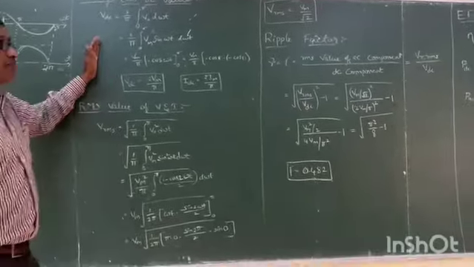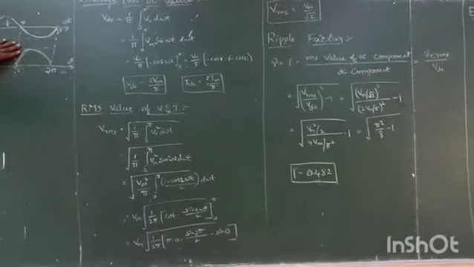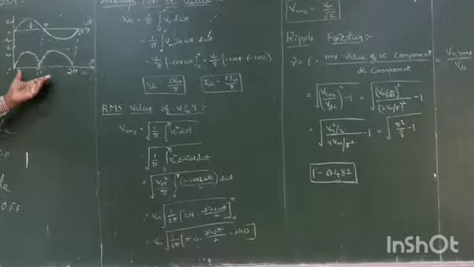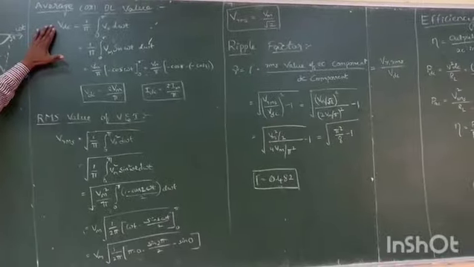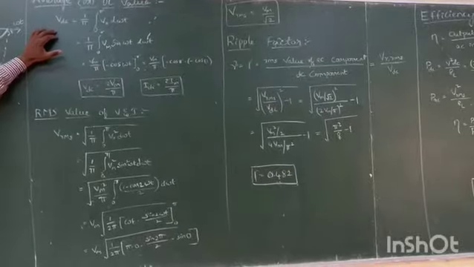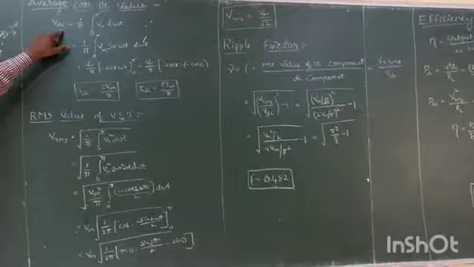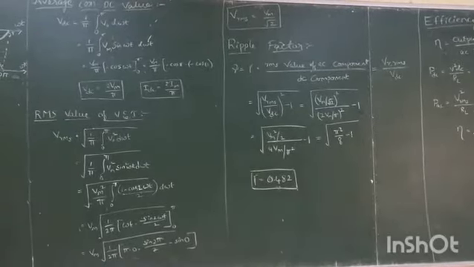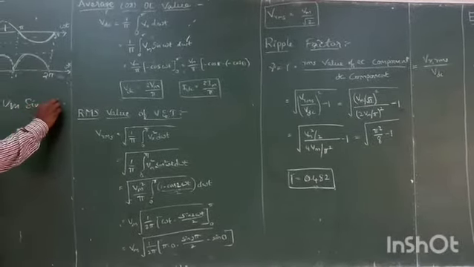Now we can see how to calculate the average DC output value. VDC is your actual output. We know that V input is equal to Vm sin omega t.